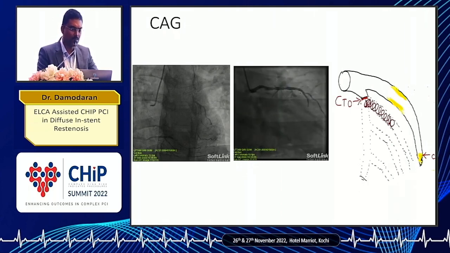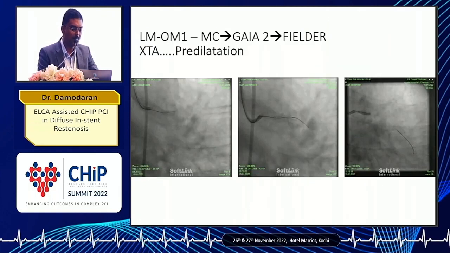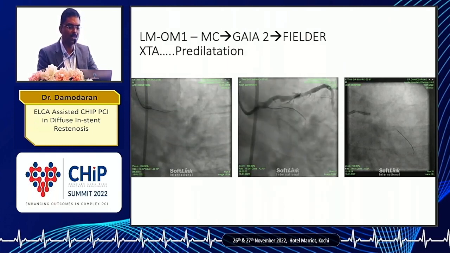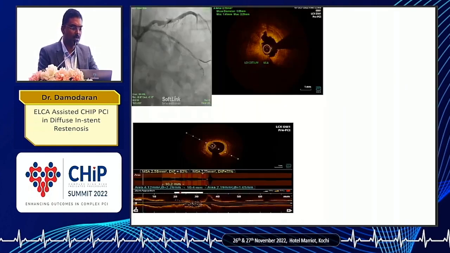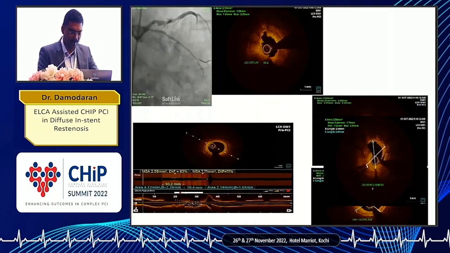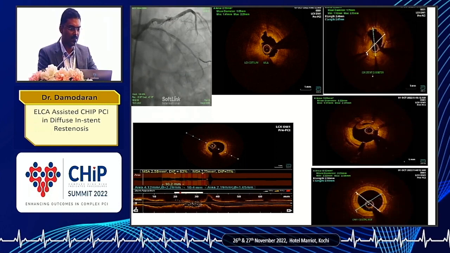So the wiring was initially a bit difficult into the OM, but somehow with escalation, de-escalation, we were able to wire it. And then we dilated to flare the ostium of the proximal strut of the stent so that we can wire the LCX, because there is a big OM too.